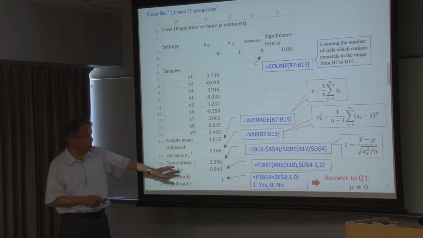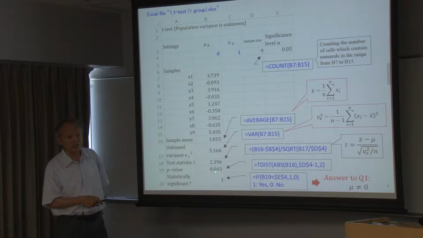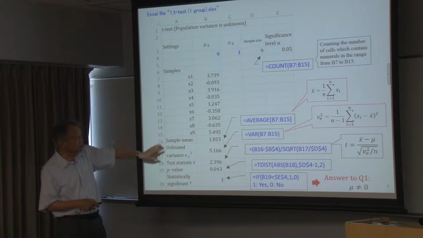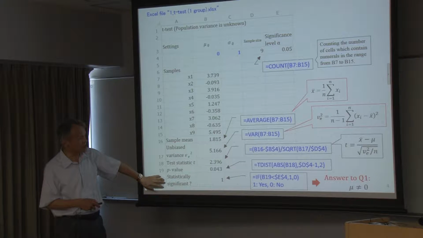In this case, this p-value 0.043 is less than the threshold. The threshold is set here, 0.05, and this is smaller than 0.05. The answer is yes, this is statistically significant.